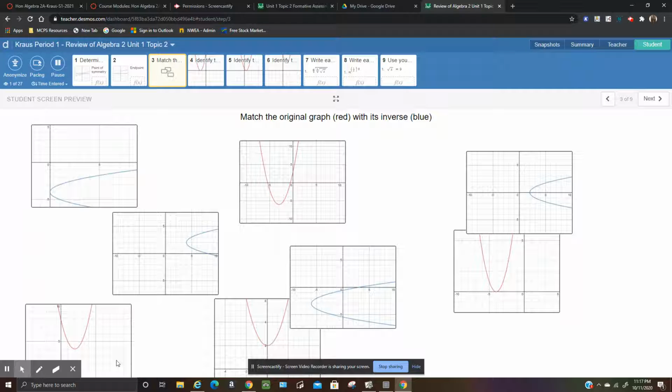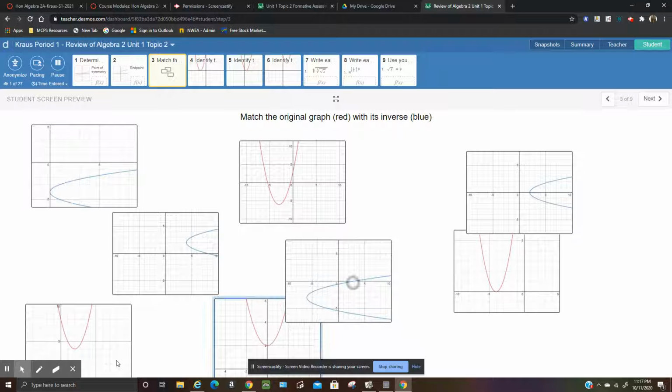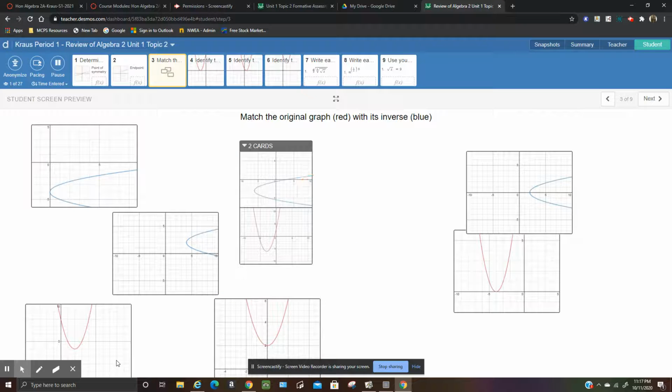So I want to go to -6, -3. That's this one here. So match those up. And then this vertex is at 1, 2, -1. So I want negative 1, 2.